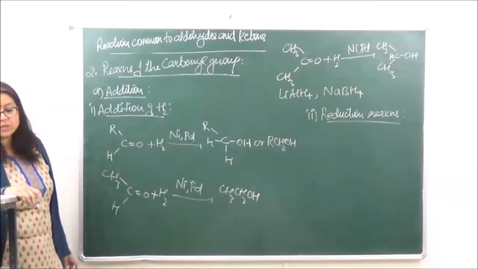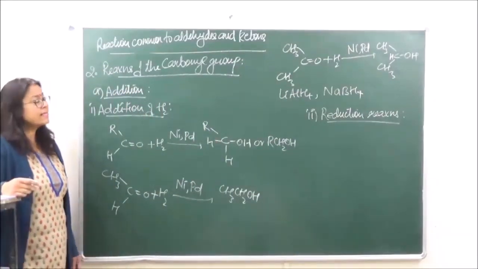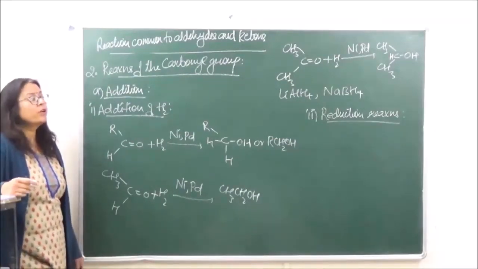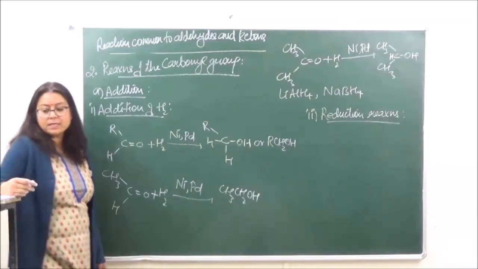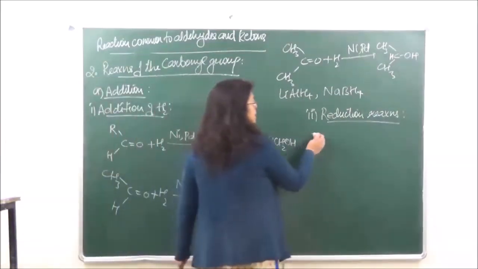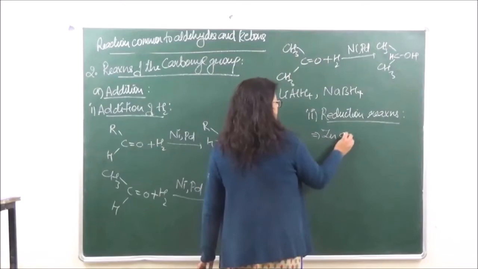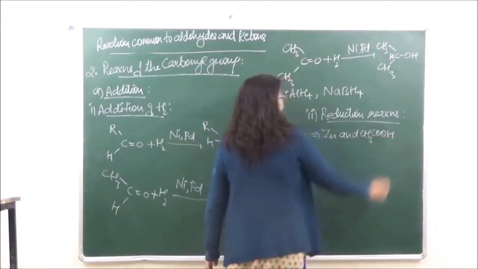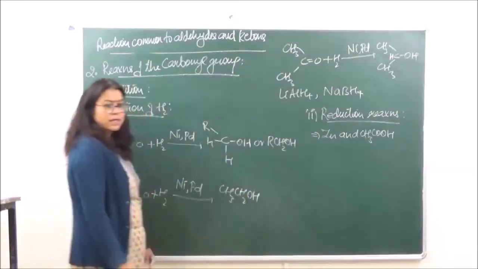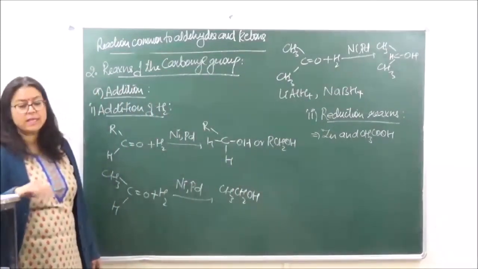Now reagents which produce nascent hydrogen are going to be used over here. And what are those reagents? It may be zinc and acetic acid. This can be used as a reducing agent.